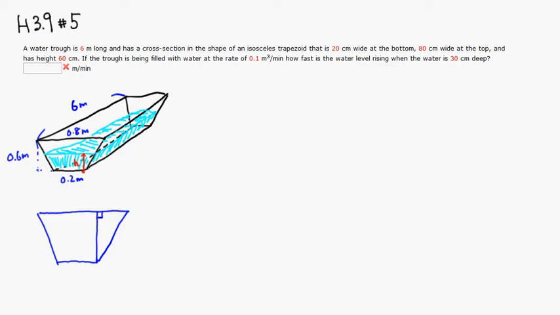So here's the water, that's the water there, and this is H right here. Maybe we should look at this little triangle here. It's a right triangle, and you can see that this is a big right triangle and this is a similar right triangle, so we can do the ratio.